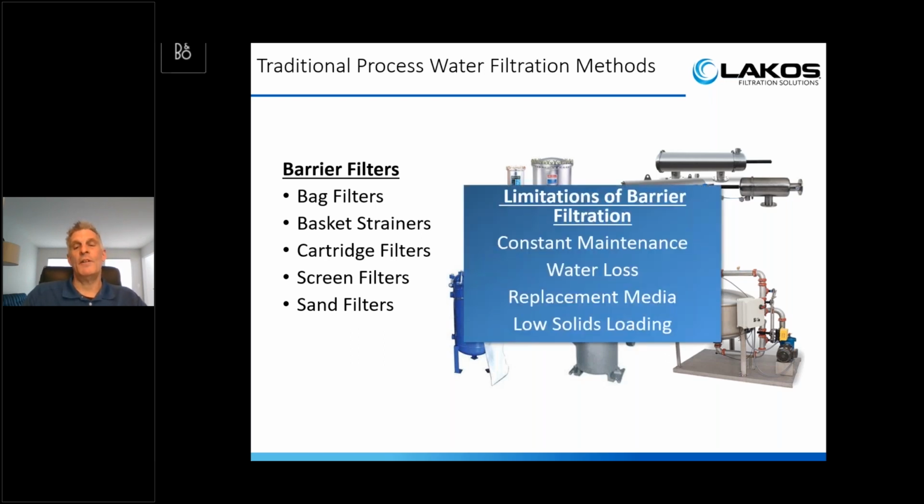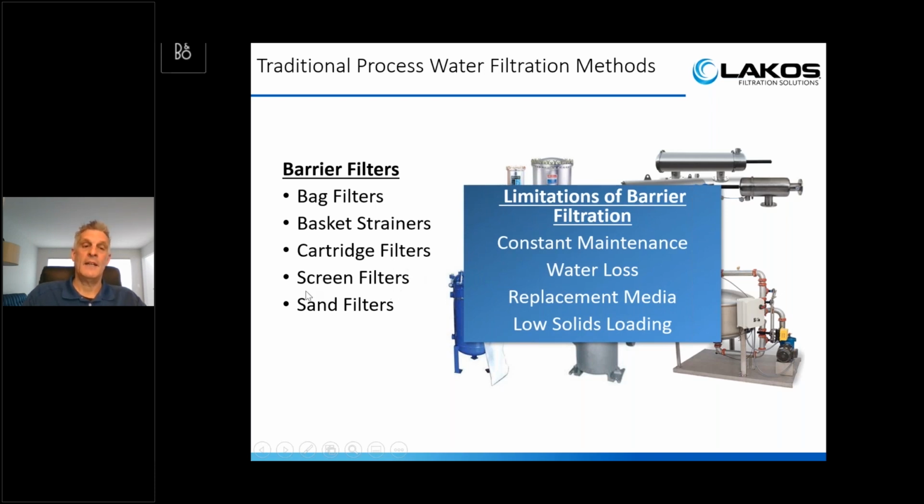Some of the limitations of barrier filtration include constant maintenance. That's primarily when you get into the bag filters, the basket strainers, or the cartridge filters. As you know, they have to be changed out, which creates a lot of extra labor and maintenance. Then you get into screen filters and sand filters.